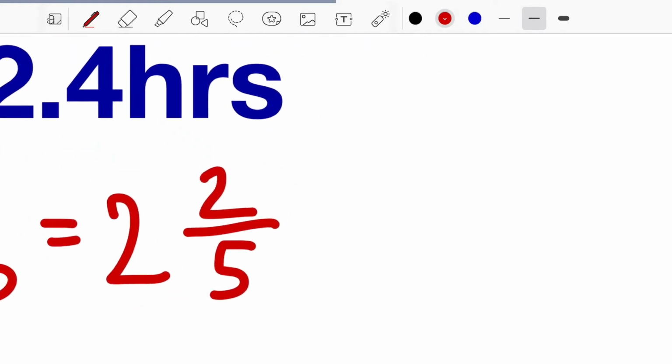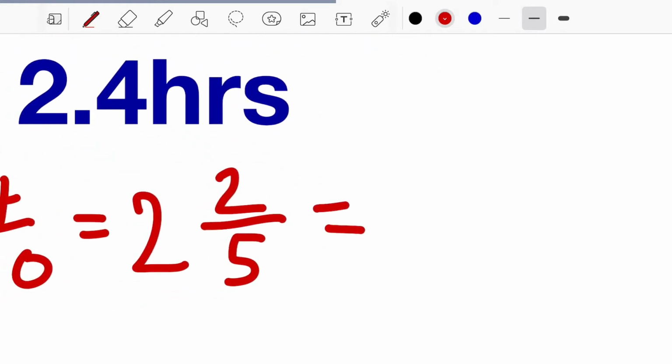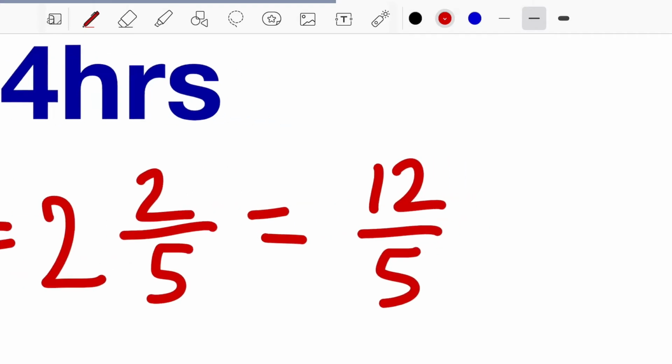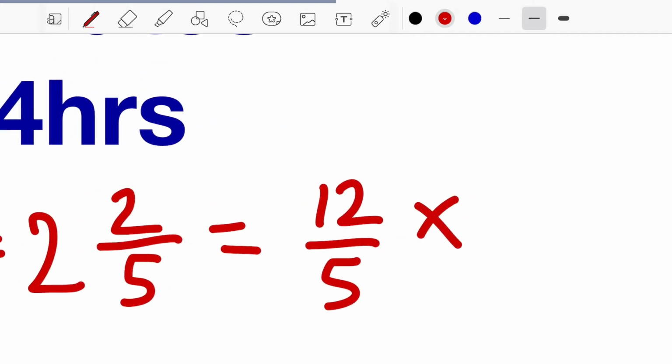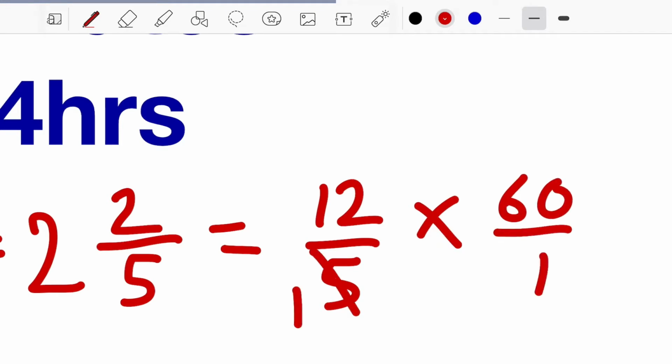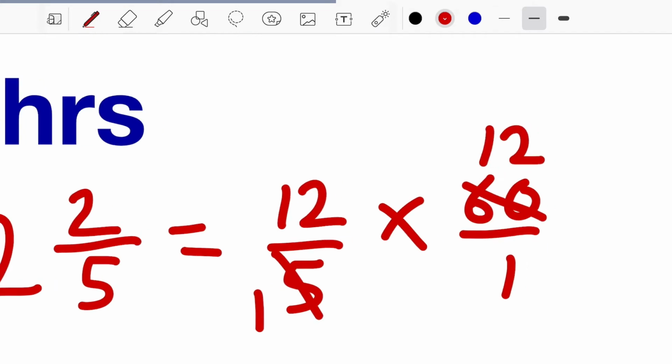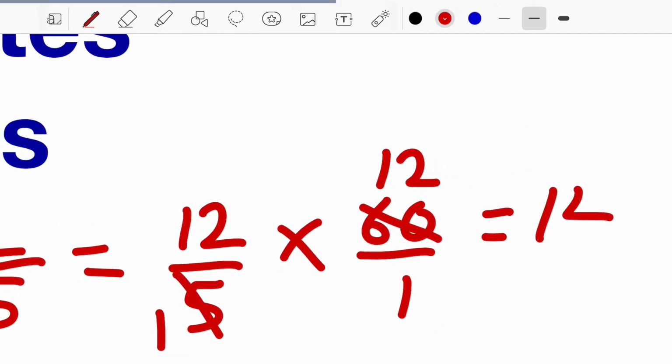Now we can convert this to an improper fraction. 2 times 5 is 10 plus 2 is 12, so that's 12 over 5. And then we multiply by 60 in order to go from hours to minutes. 5 into 5 is 1, 5 into 60 is 12. 12 times 12 is 144 minutes.